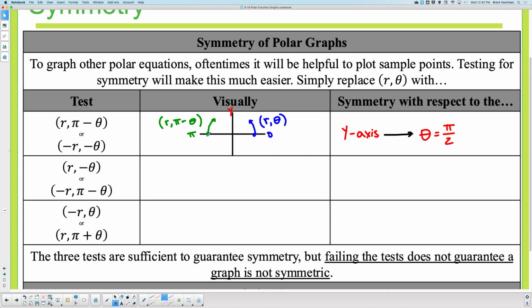It's the same concept, negative r comma negative theta. Negative theta moves with the clock going this way, but since it's a negative r, it rotates it over. So it's actually the same exact graph, the same graph for both situations. All right, next one.